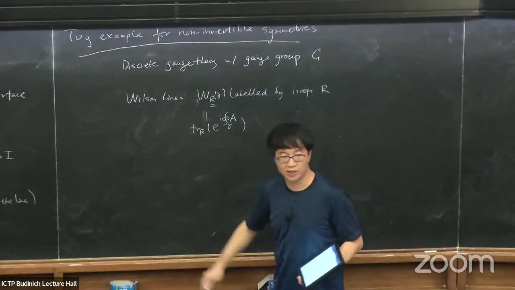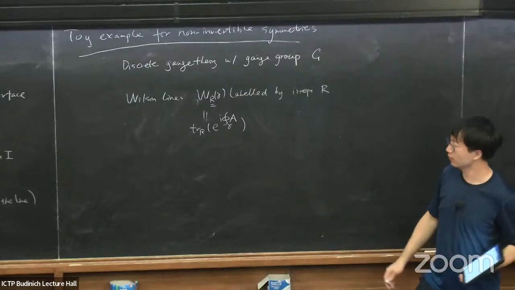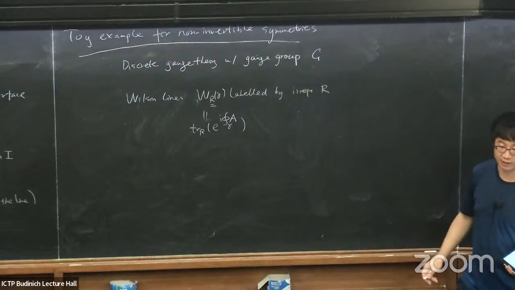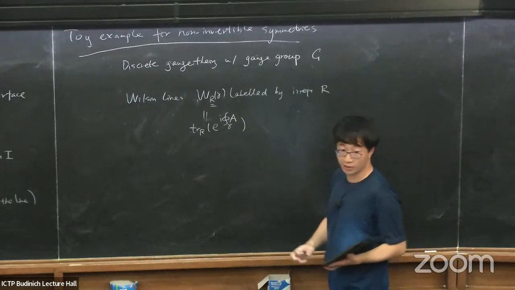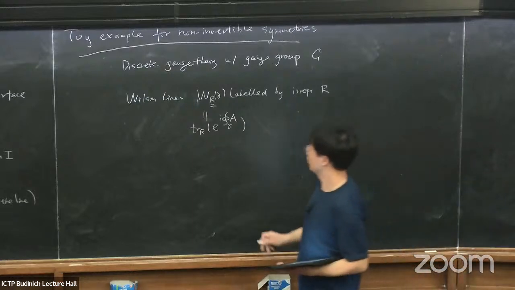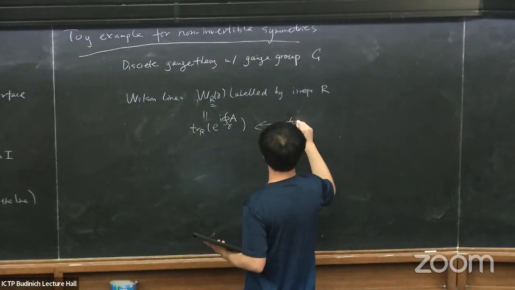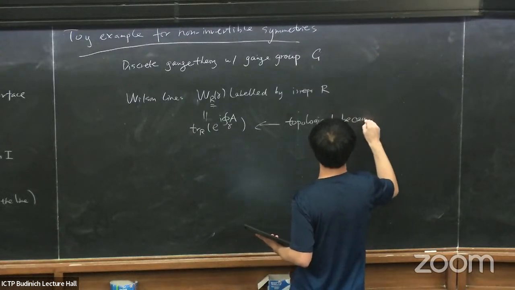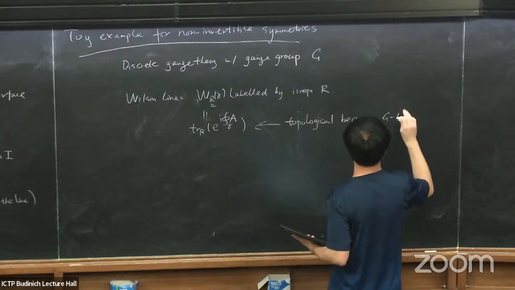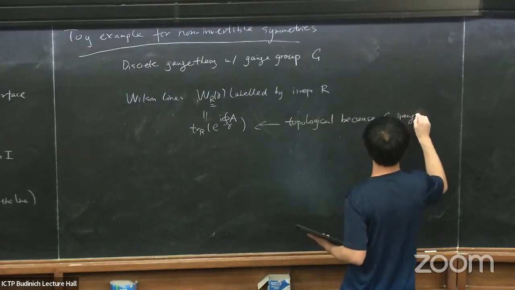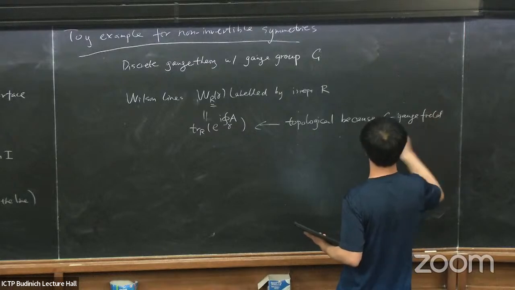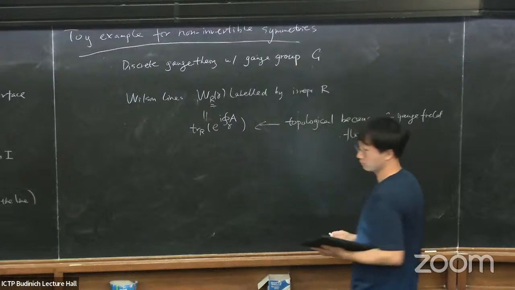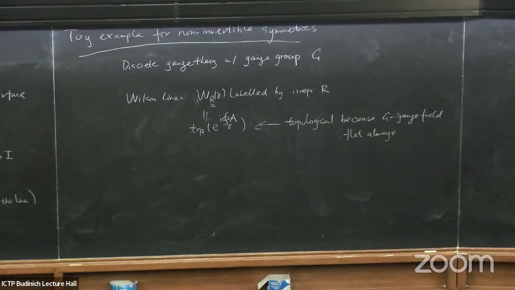Now, in a general continuous gauge theory, like Yang-Mills theory, this Wilson line would not be a topological object, because the connection in general is not flat. But here it's topological because discrete gauge fields are always flat. A discrete gauge field cannot support any curvature.